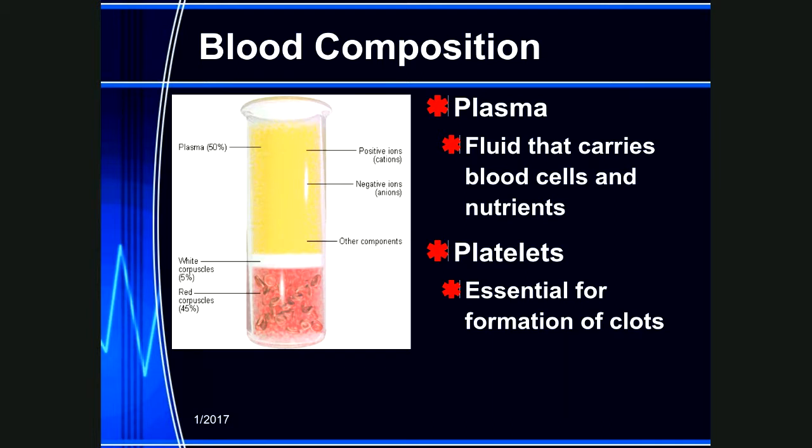Platelets are fragments of specialized cells that release factors needed to form blood clots. So if we have a cut or a scrape, or we need it to coagulate, to clot up, to stop from bleeding. And plasma helps that in order to move the byproducts through the body.